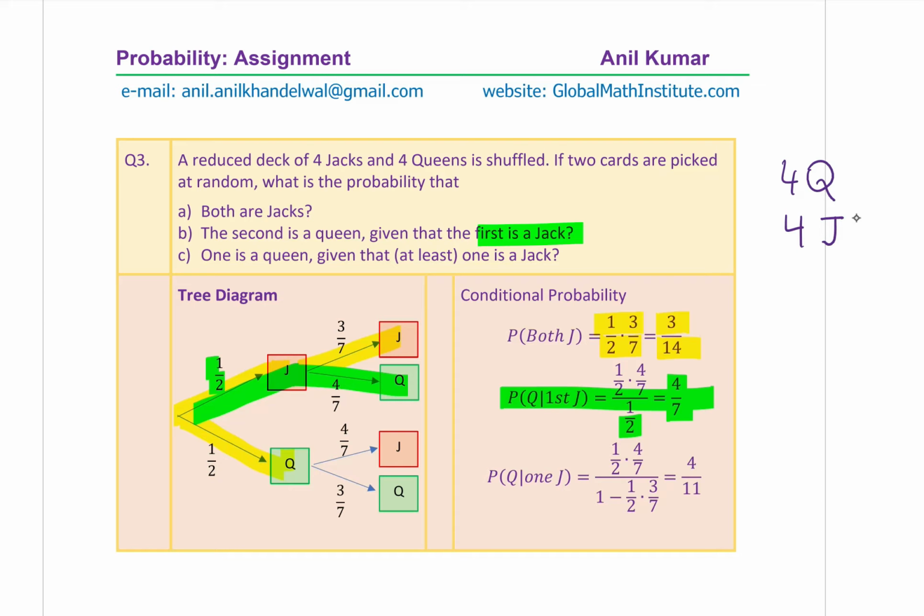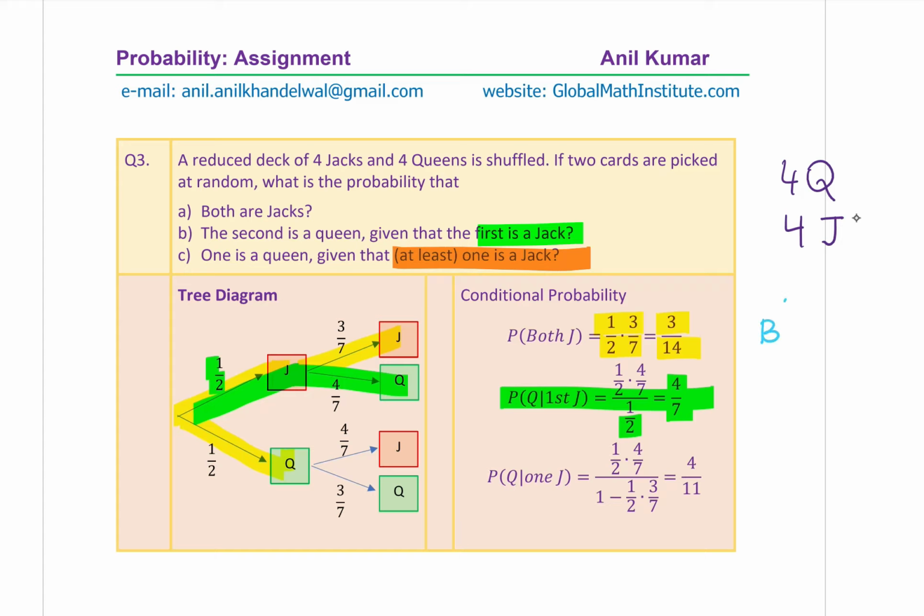Correct? Part C. One is a queen given that at least one is a jack. That is very important to understand: at least one is a jack. That really means that we have to take away the both-queens portion.